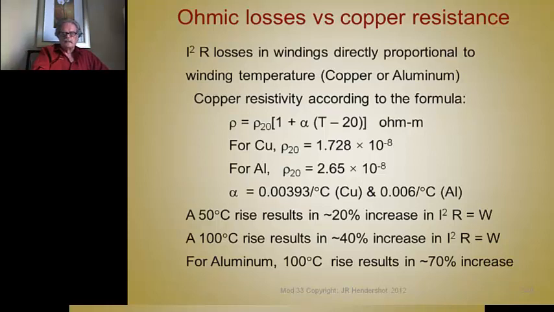For example, the I squared R losses in a stator increase 40% with a 100 degrees C rise in temperature. For aluminum, a 100 degrees C rise increases them 70%. So this is what's going on in the rotor of your induction motor. It's not as bad with copper, but it's bad enough.